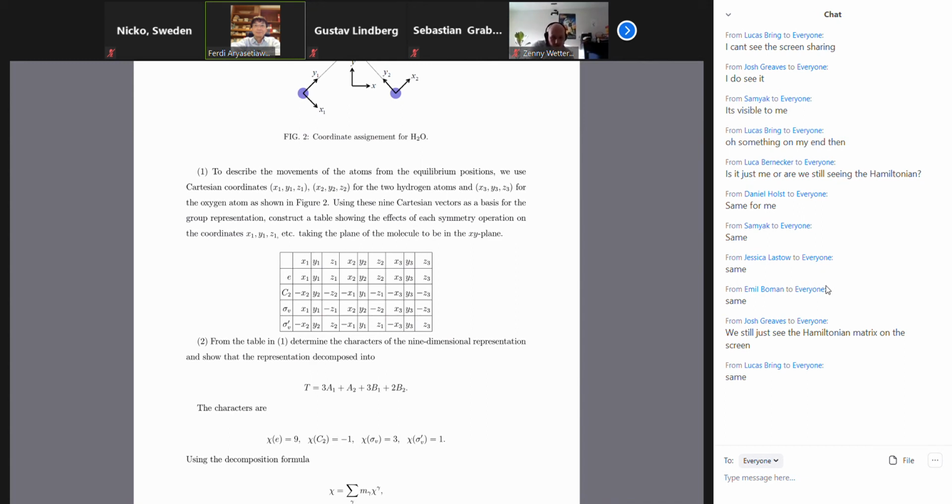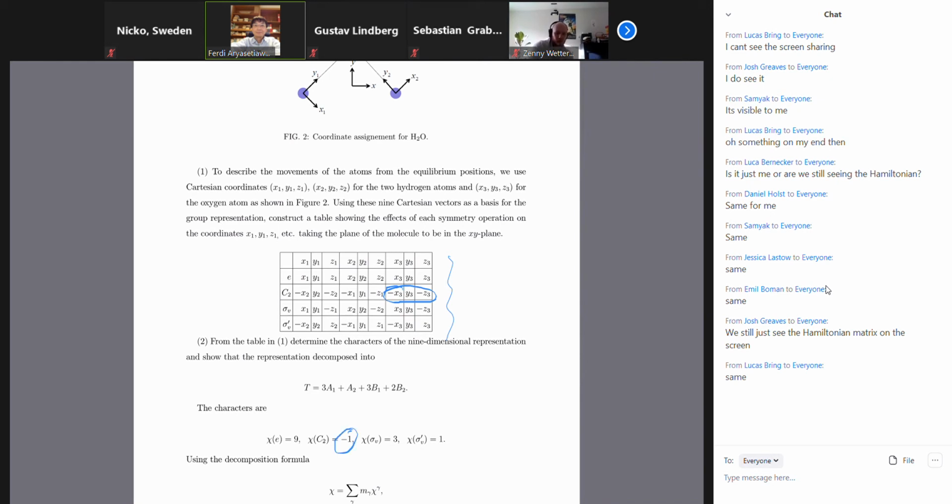For the unit element it is obviously 9, and for C2 we just look at which coordinates are brought to themselves. We see minus 1, 1, and minus 1, so the character is minus 1.